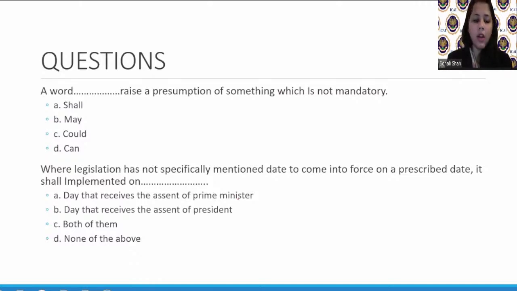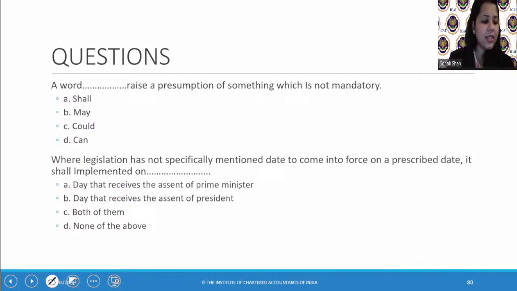So this was all about the General Clauses Act, 1897. I know I have rushed a bit on a few provisions, but trust me, all the extremely important ones, the areas from where we largely get to see the questions, or the ones which are very, very technical in nature, have been duly explained to you.